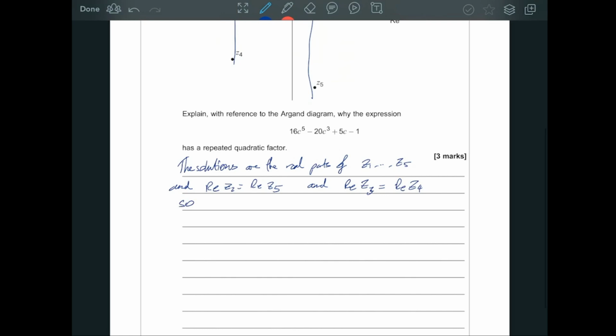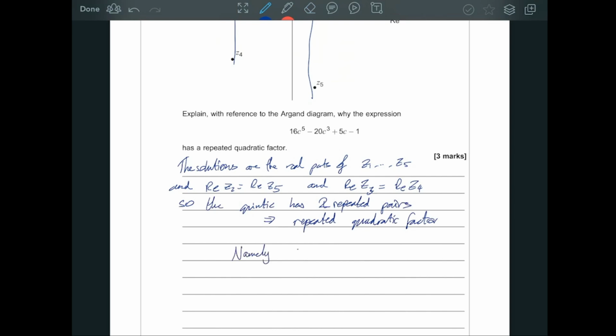So the quintic has 2 repeated pairs, which implies it has a repeated quadratic factor. If we put those pairs together, then we create a quadratic. So the quadratic with solutions Z2 and Z3 is the same quadratic as the solutions with Z5 and Z4.